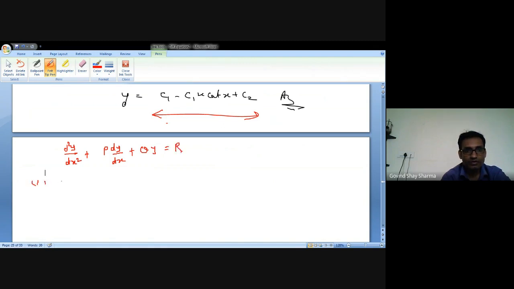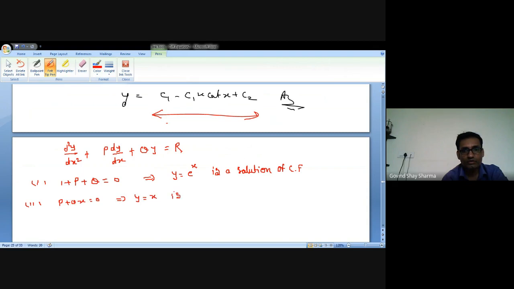If 1 plus P plus Q is equal to 0, that implies y equal to e to the power x is a solution of it. And second, if P plus Qx is equal to 0, that implies y is equal to x is a solution of it.